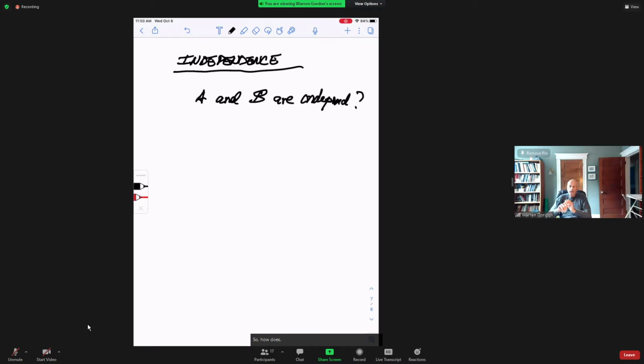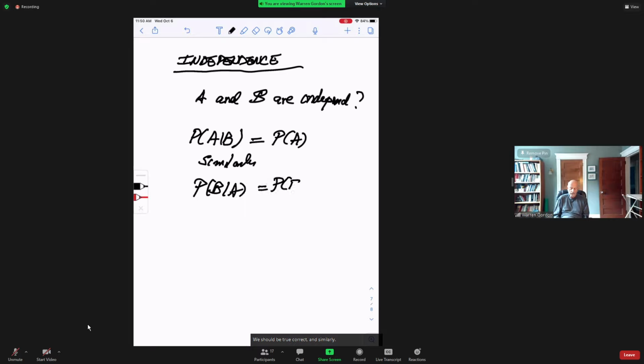So how can one define that? Right now, I'm just talking about two events. If one has no effect on the other, then if B doesn't affect A, this should be true, correct? And similarly, by the way, I can show that if one of these is true, so is the other one.